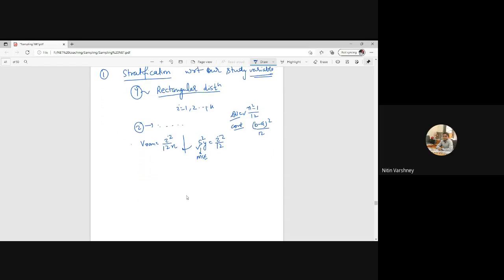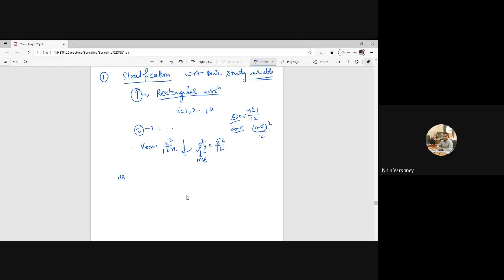Now if we assume there are k strata, then this S square yi will be I square upon 12 k square. There is a derivation behind this, but I am not going into that because it's too lengthy.